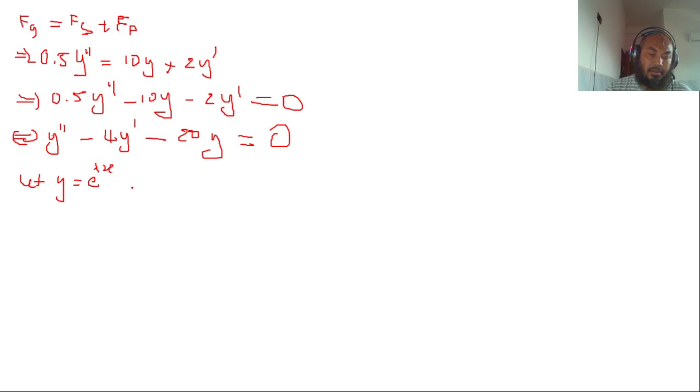Okay, so we will get y dash is equal to lambda e^(lambda x), and y double dash is equal to lambda square e^(lambda x).